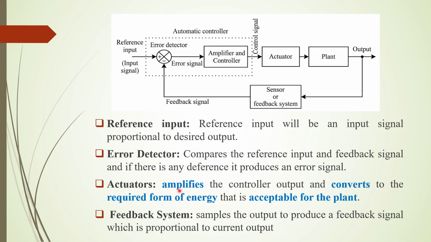Actuators amplify the control output and convert it to the required form of energy that is acceptable for the plant. The feedback system samples the output to produce a feedback signal which is proportional to the current output.